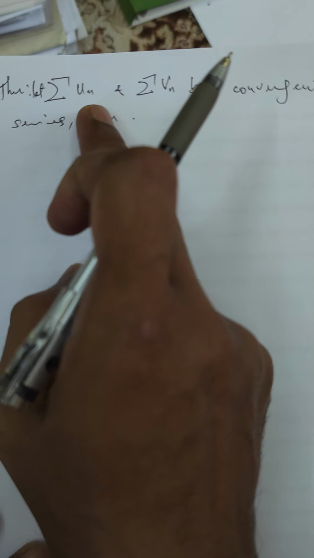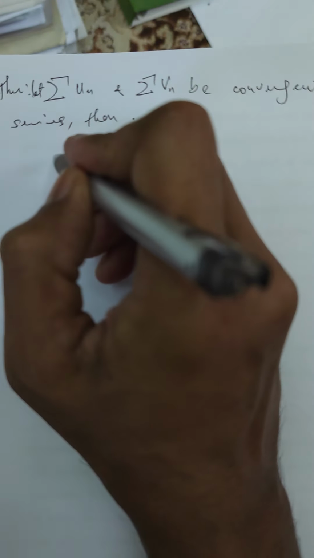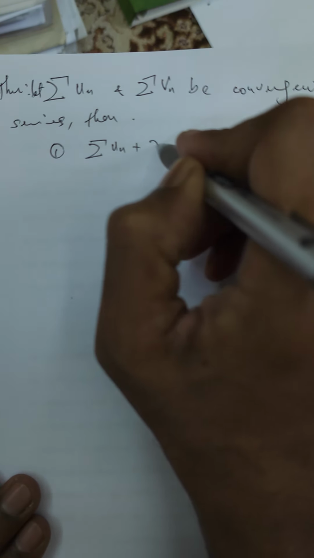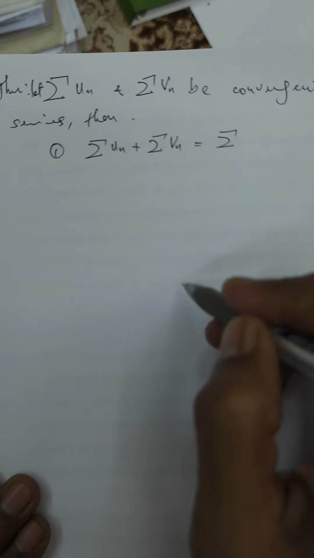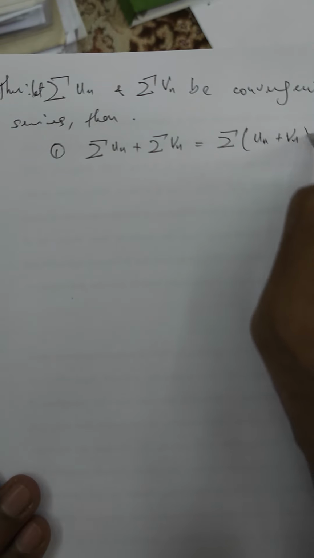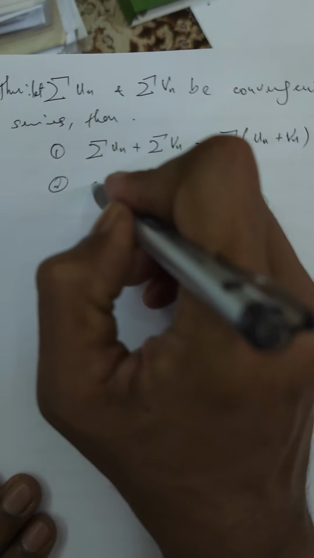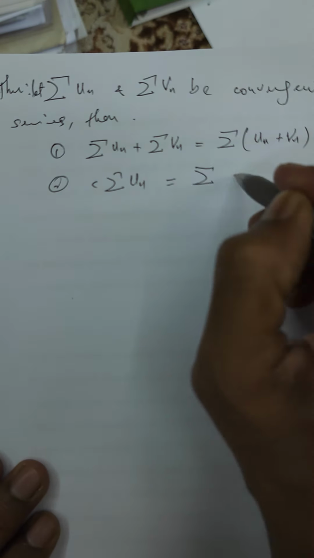Remember that convergence means that if we take the limit of the partial sum, it has a value. Then the sum of un plus vn is equal to the sum of un plus the sum of vn; you can take out those sums and add up each of those terms. And number two, if you have some constant in front of un, this is just equal to c times the sum of un, for any constant c.